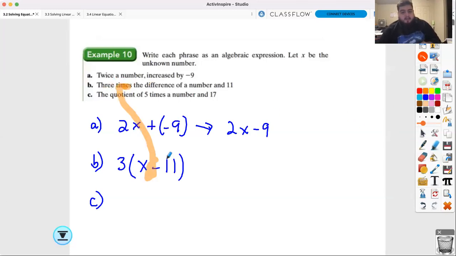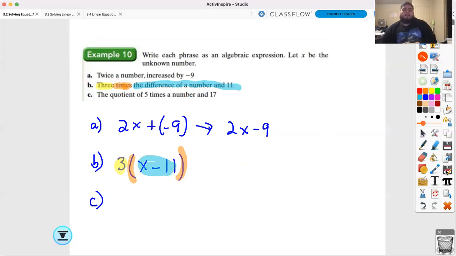So times is the parentheses, right? The 3 is right here, and then the difference is right here. Remember the difference, guys. You have to read the words and then convert it to that. All right.